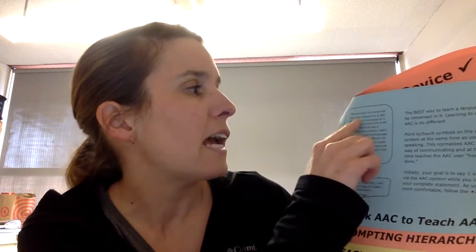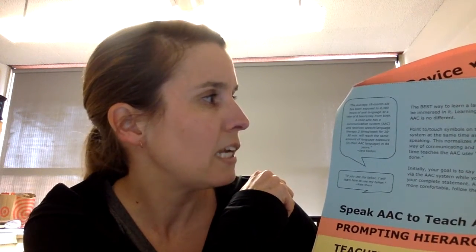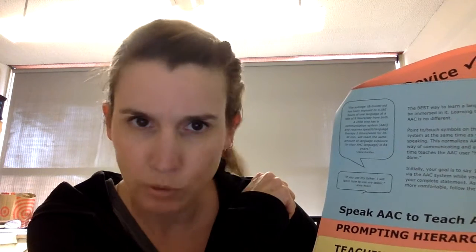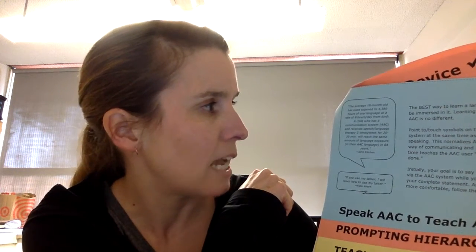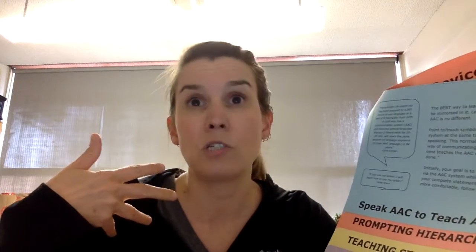It says, the average 18-month-old has been exposed to 4,380 hours of oral language at 8 hours a day from birth. So if you assume that that kid is hearing about 8 hours of oral language through their mom, their dad, their sisters, their brothers, the TV, the radio, anything like that, right? So that means they've been exposed to over 4,000 hours in the first 18 months.